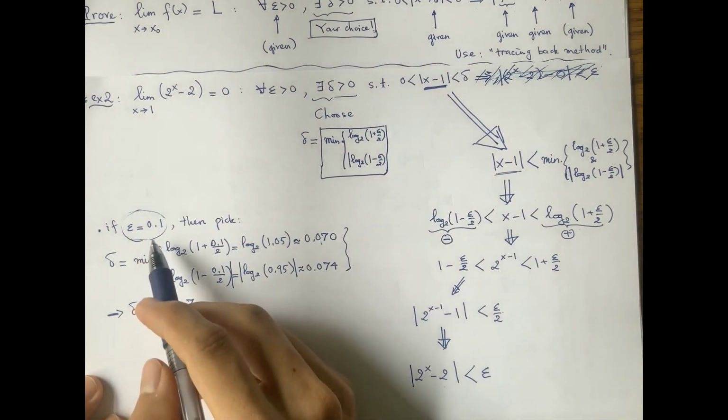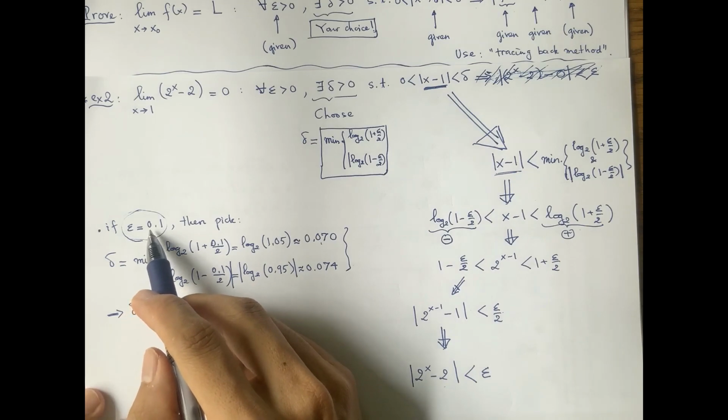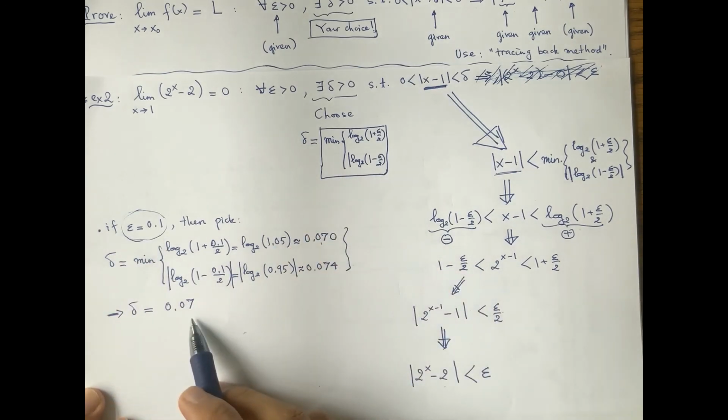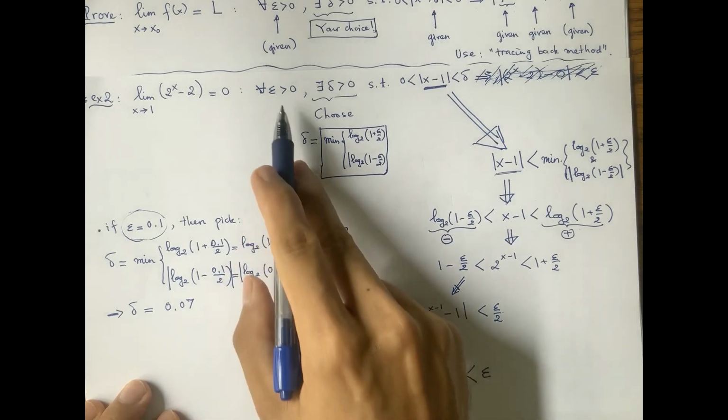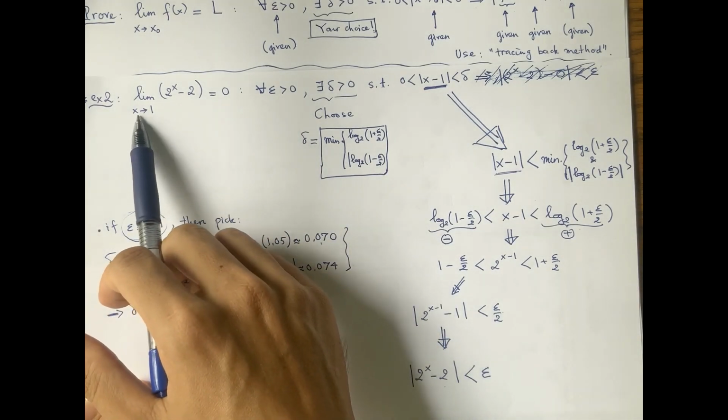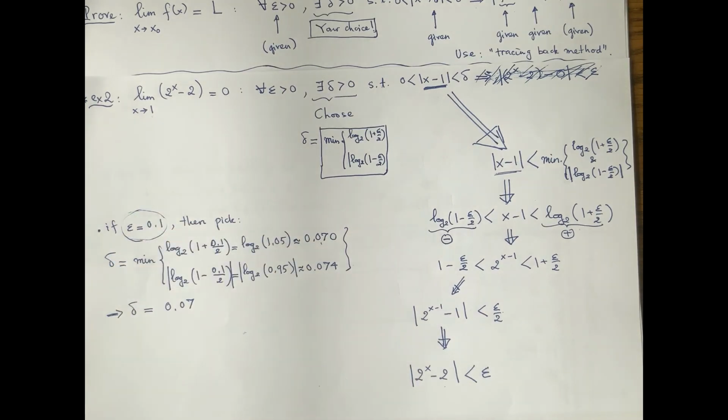If your worst enemy changes the choice for epsilon, you can just use the formula you develop here and pick the appropriate delta. You will always be able to survive regardless of the choice of epsilon. And so the limit is 0 in this case when x approaches 1. So as you can see, the key is right here.